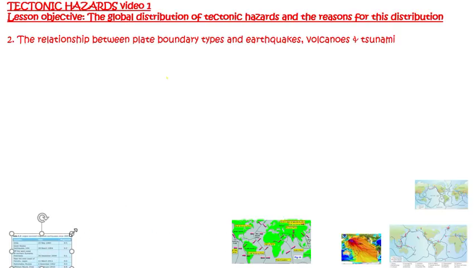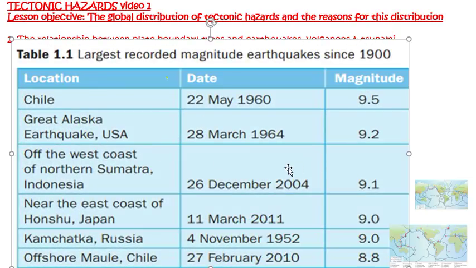Volcanoes, then. Oh, no, quick, before I move on. This table shows the largest recorded magnitude earthquakes since 1900. So, Chile, 9.5. Alaska, 9.2. Most of these are above 9. Alaska, Chile, Indonesia, Japan, Russia, Chile.